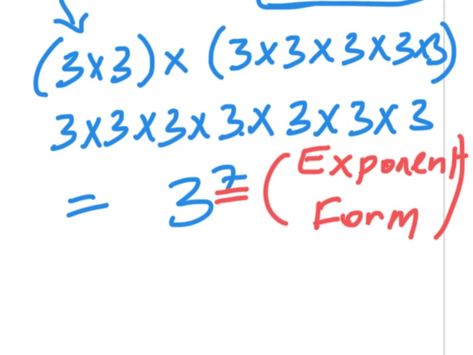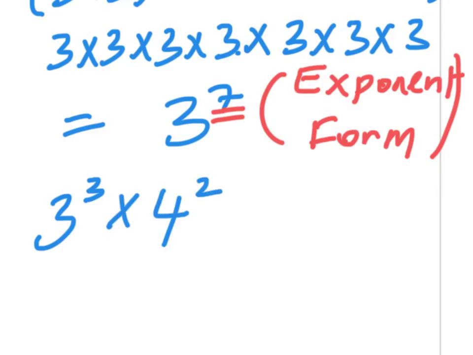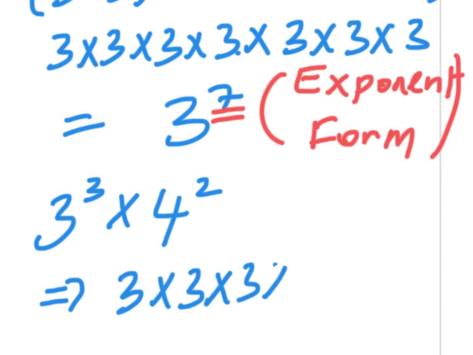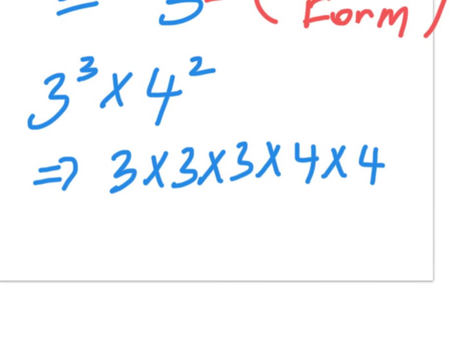For example, 3 to the power of 3 times 4 to the power of 2. If you expand that, it's 3 times 3 times 3 times 4 times 4. So that is 3 cubed times 4 squared, and it can't be made any simpler than that.